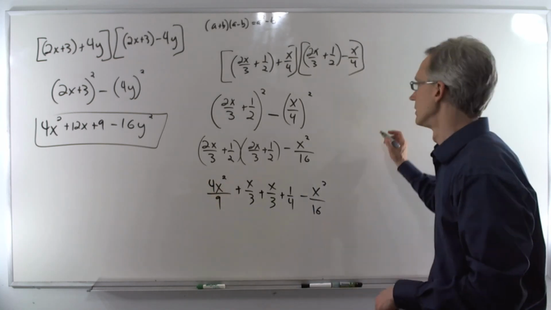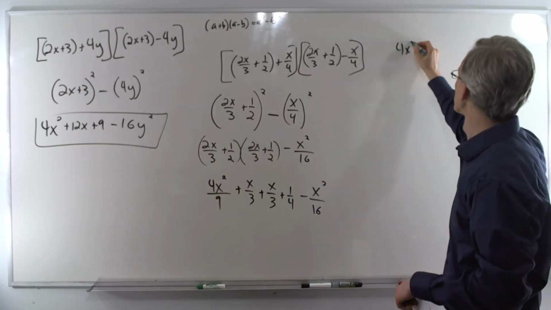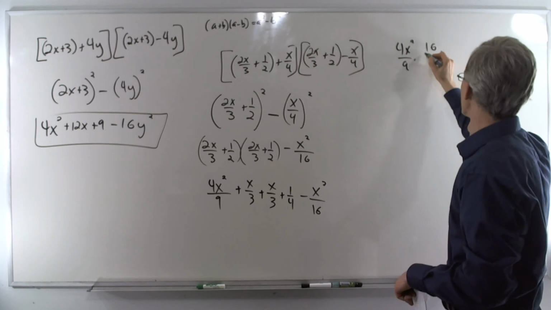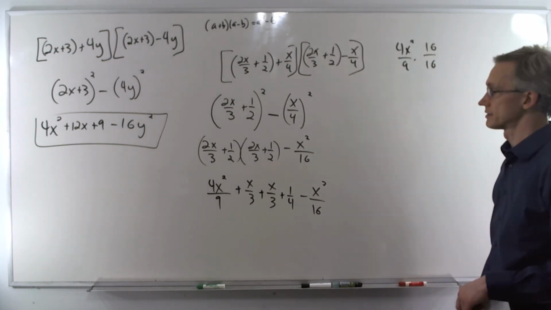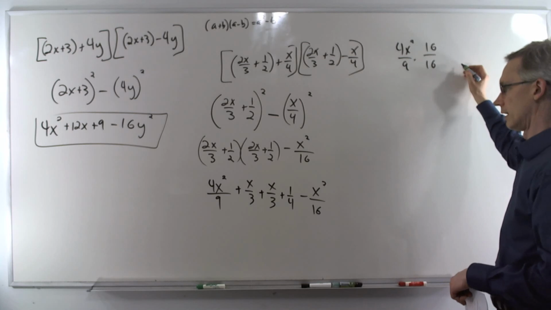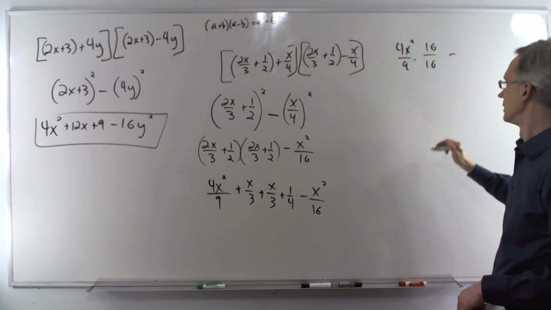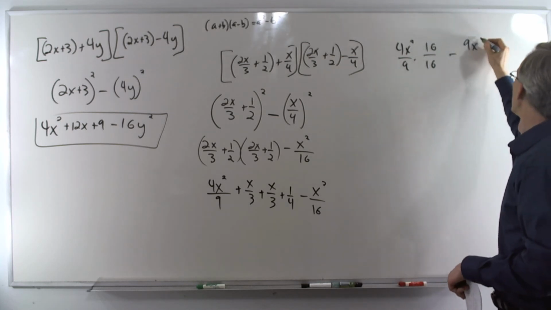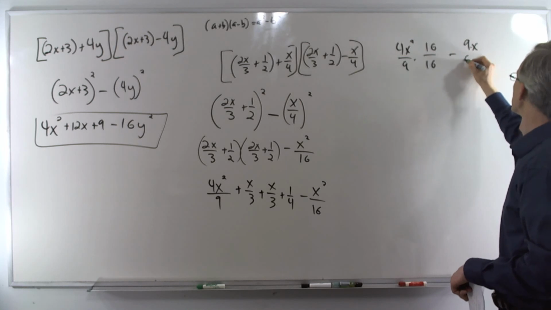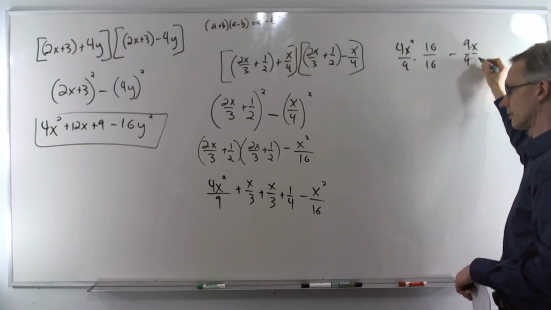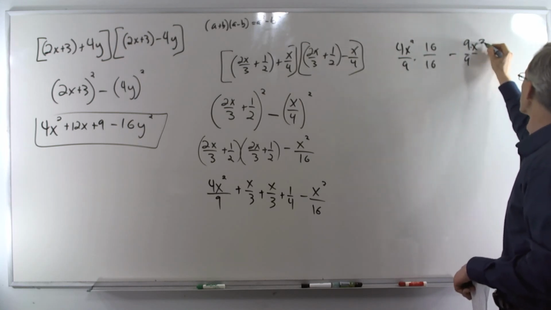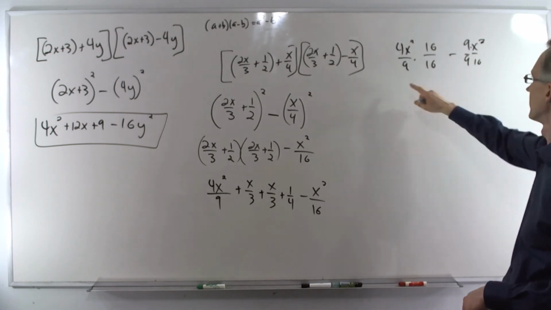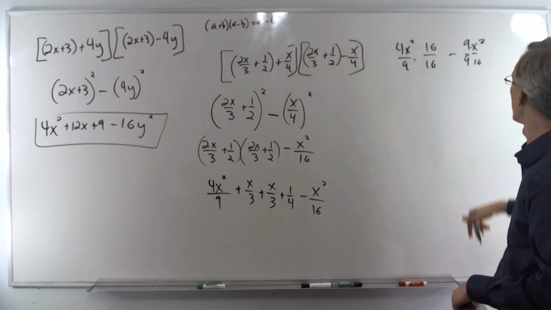So that would be 4x squared over 9 times the other denominator, which is 16 over 16. And then we'll subtract 9 over 9 times x squared over 16. Okay, so we're multiplying this one by 16 over 16 and this one by 9 over 9.